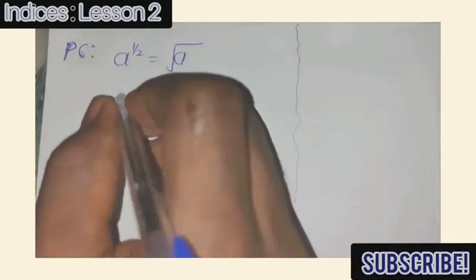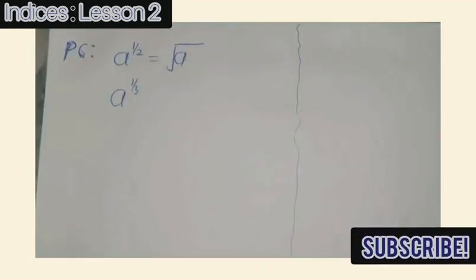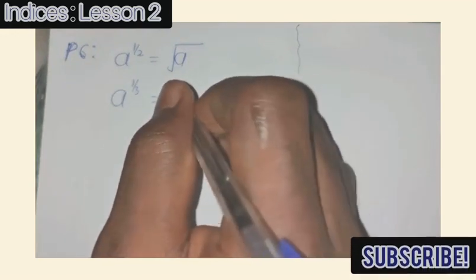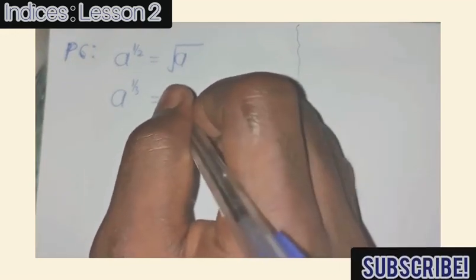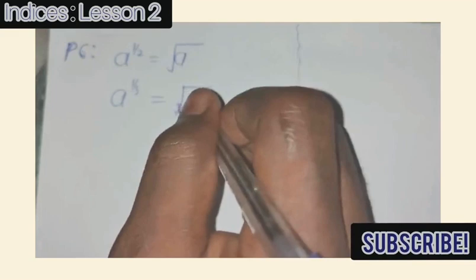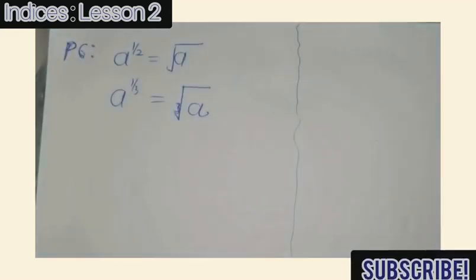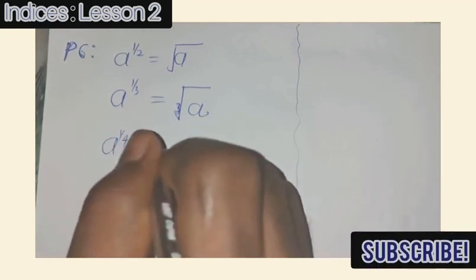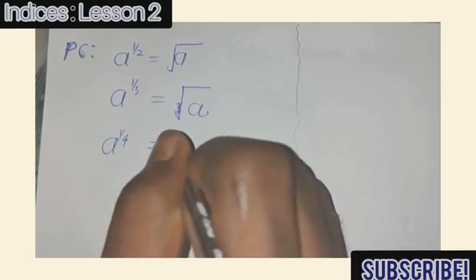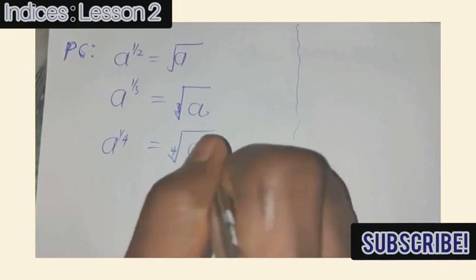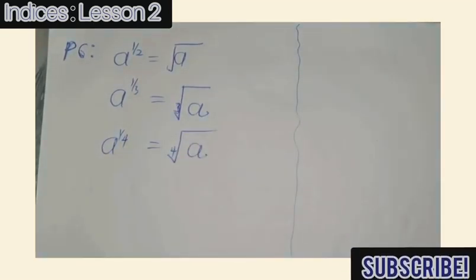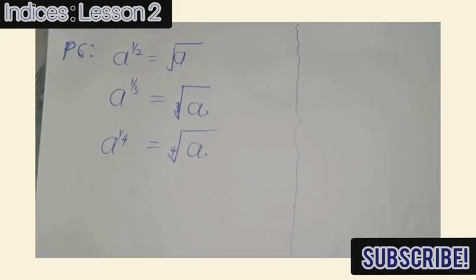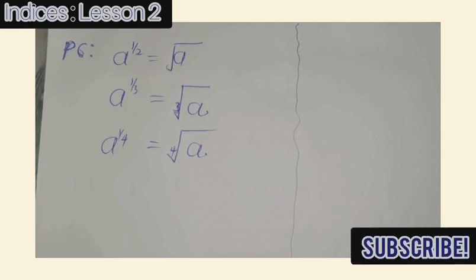But if I have a raised to the power 1 over 3, this is equal to the cube root, with a small 3 at the top, of a. If I have a raised to the power 1 over 4, this is the fourth root of a. And this is what the property is saying. So let's take note of that.